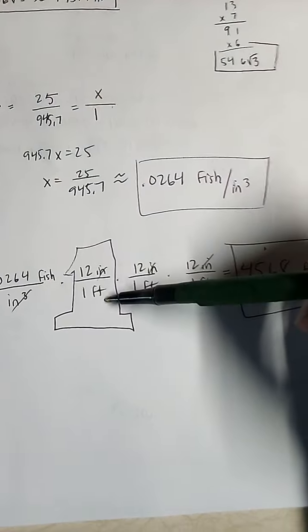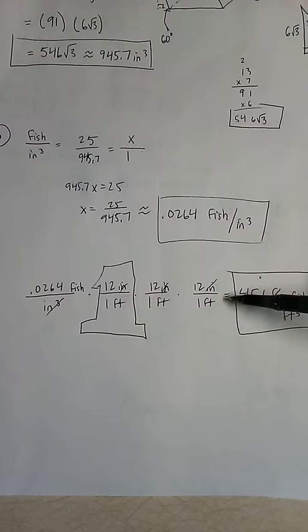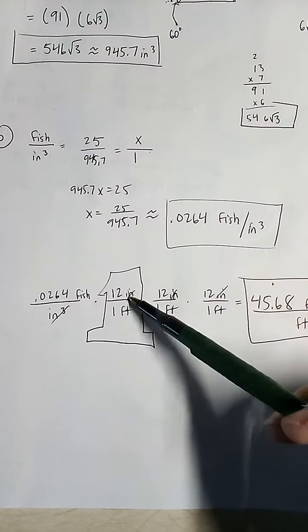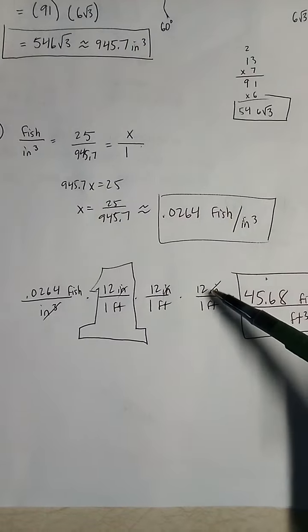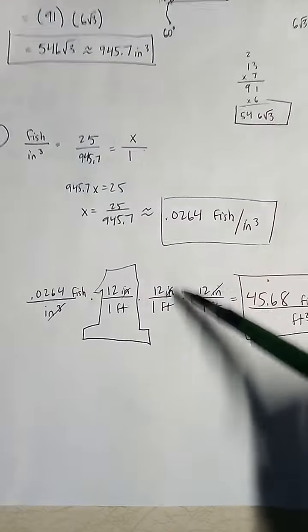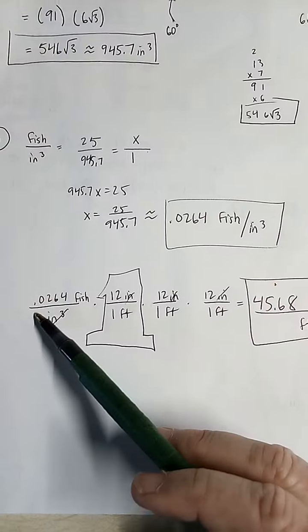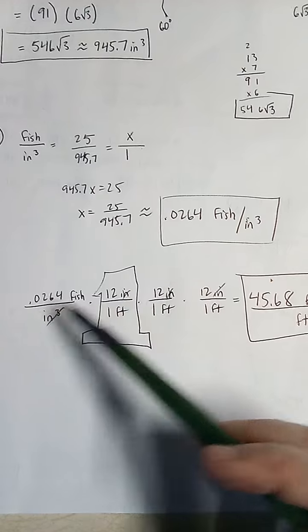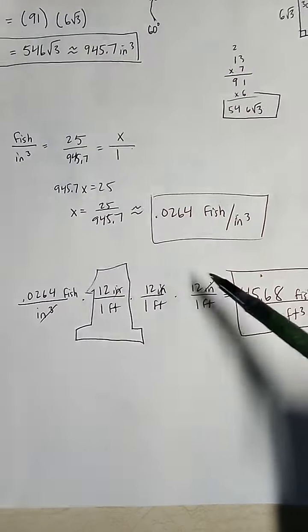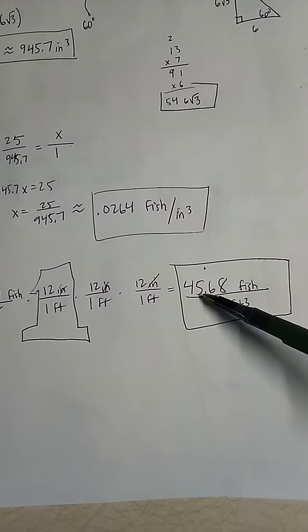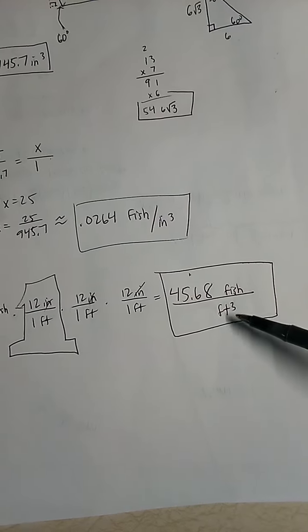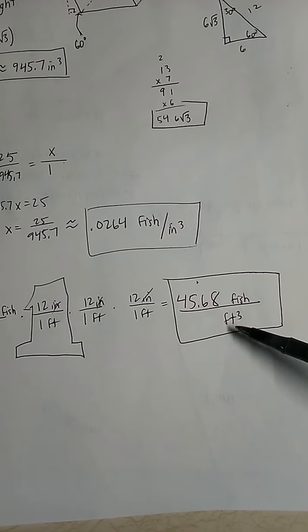They're 12 inches equals 1 foot. There's 3 of them. The reason I have 3 is because inch times inch times inch equals cubic inch. So those can cancel out. And then if I take the 0.0264 and multiply it by 12 times 12 times 12, I get 45.68 fish per cubic foot.